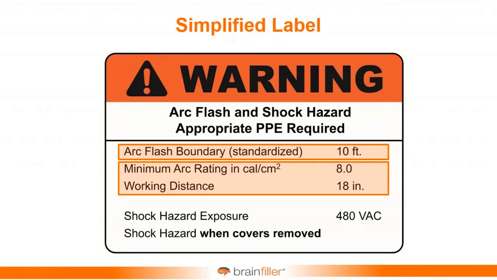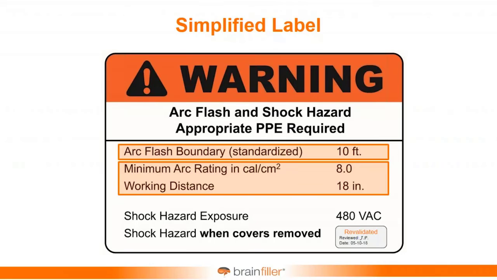As long as your calculated incident energy at a specific distance is still less than whatever arc rating you have on the label, the label's still good. And then there may be the question about, okay, so let's say we do this. How do we address that we are revalidating the label? We're saying we reviewed it, everything's still okay. We use a maintenance sticker. Use a simple maintenance sticker, much like you use with equipment. The format is up to you. But just put a sticker out there that says, hey, we reviewed this, or someone reviewed it, and the date, and basically that gets the clock ticking again for the next review cycle.